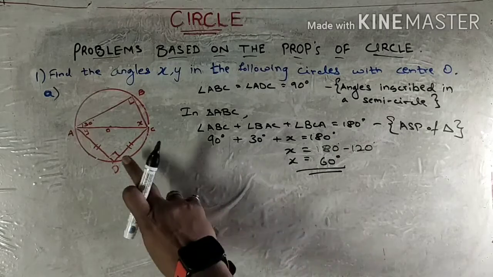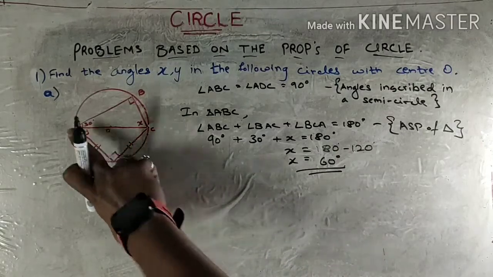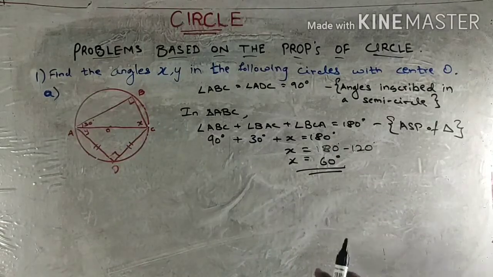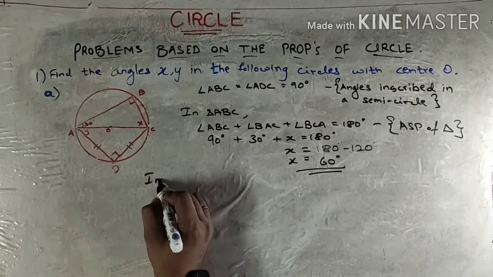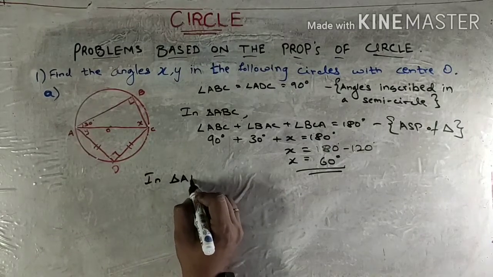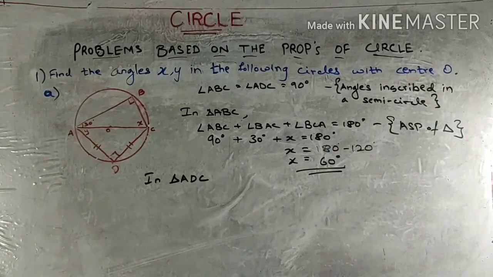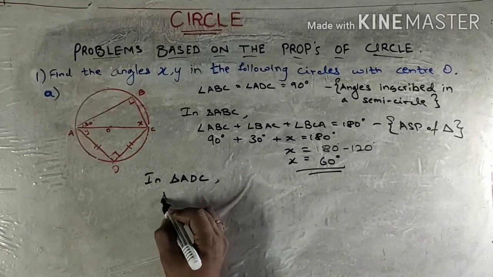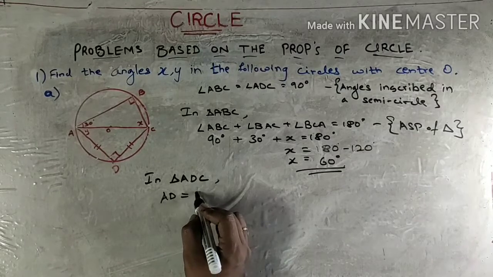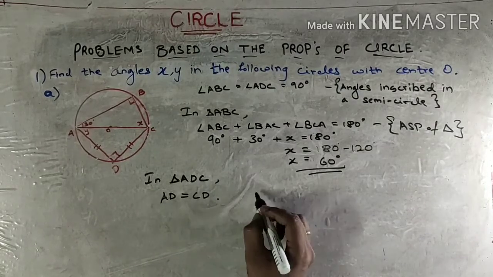Now we have been given that CD is equal to AD. So what kind of triangle will it form? In triangle ADC, guess it. I have given time for you all to guess what kind of triangle it will be. AD is equal to CD.